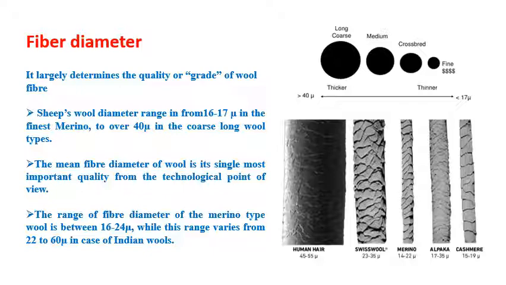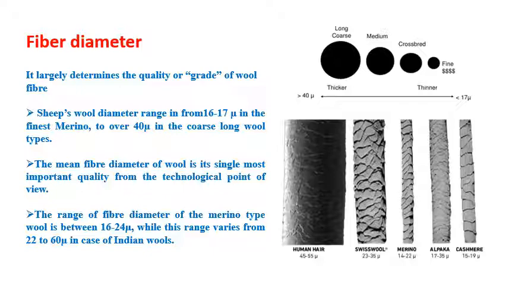In the first lecture I mentioned that in India almost 85% of wool is coarse type and the diameter will be beyond 35 micron. Only very few breeds are producing fine wool, and they may be around 20 to 22 micron in the case of Indian breeds.